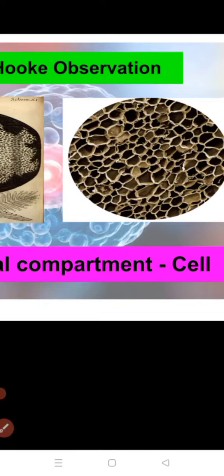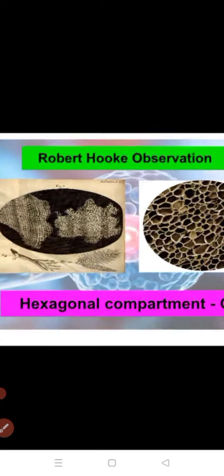He named those compartments cells. You can see here on the screen a hexagonal shaped compartment looking like a beehive. Robert Hooke gave it a name, cell. Students, actually, the term cell is derived from a Latin word cella, which means a small room. As these compartments look like a small room, Robert Hooke gave it the name cell.